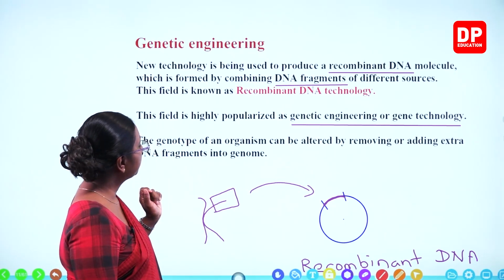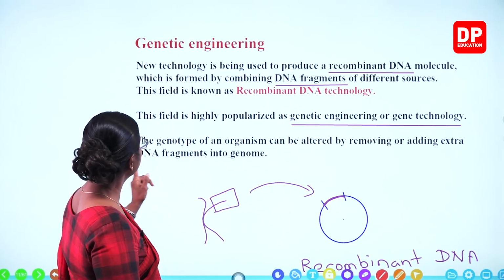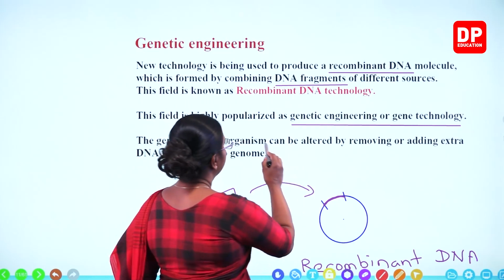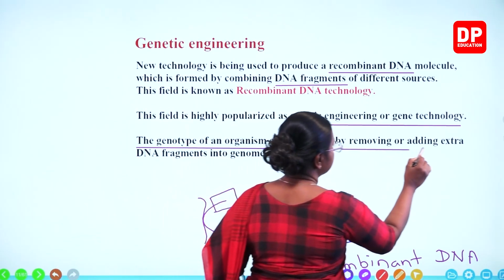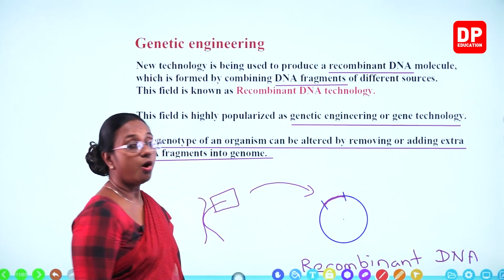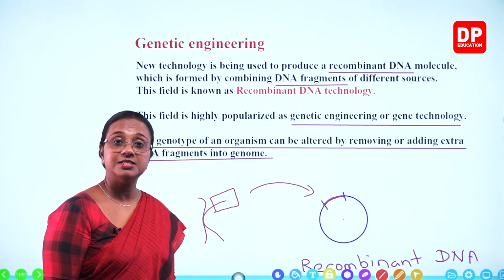The genotype of an organism can be altered by removing or adding DNA fragments into the genome. So here this is important. What is a genome?